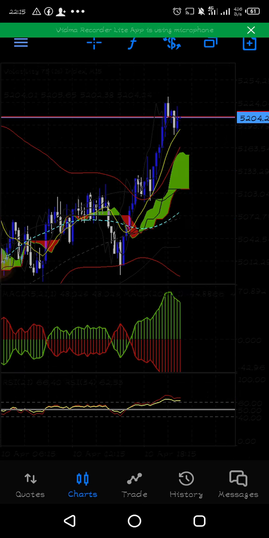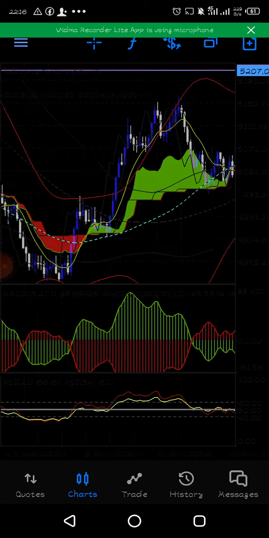Then when there is high volatility, you can see the previous volumes were very low, and now as it breaks the Bollinger Band, the volume becomes very high, that is to say higher than the previous volumes.